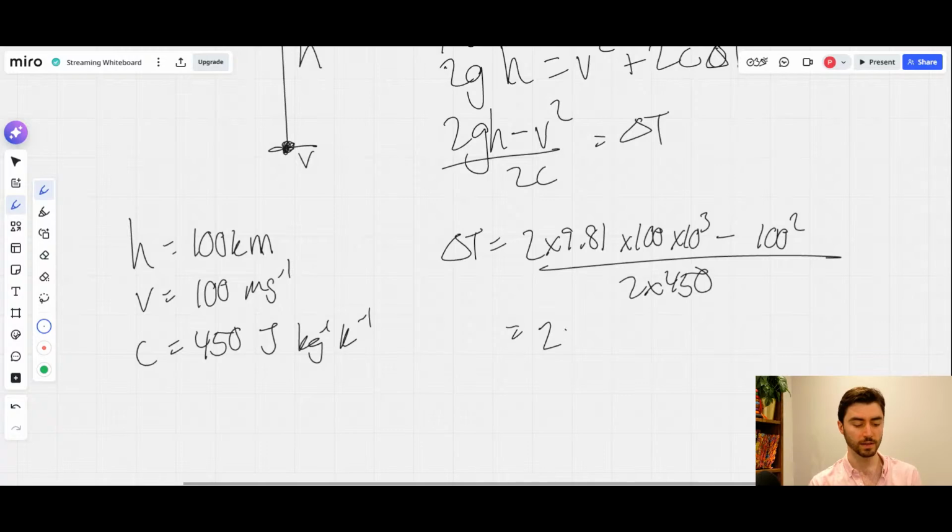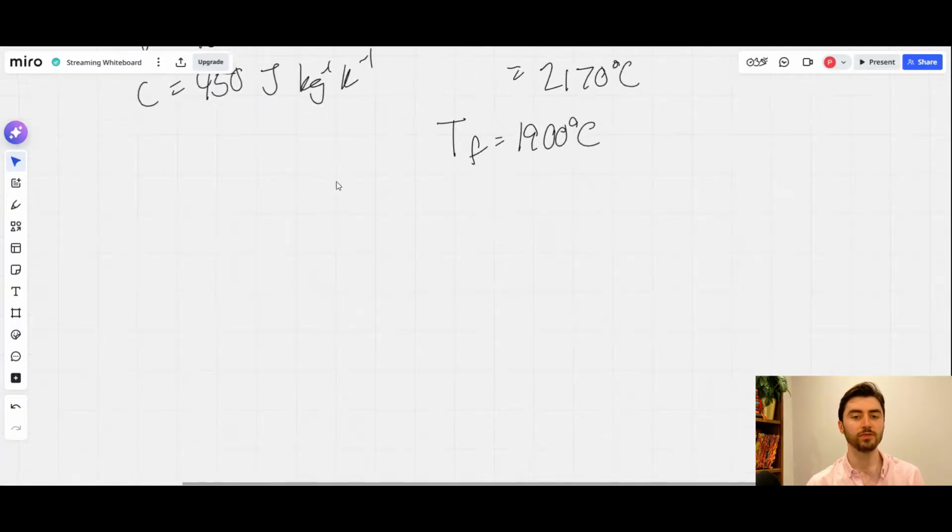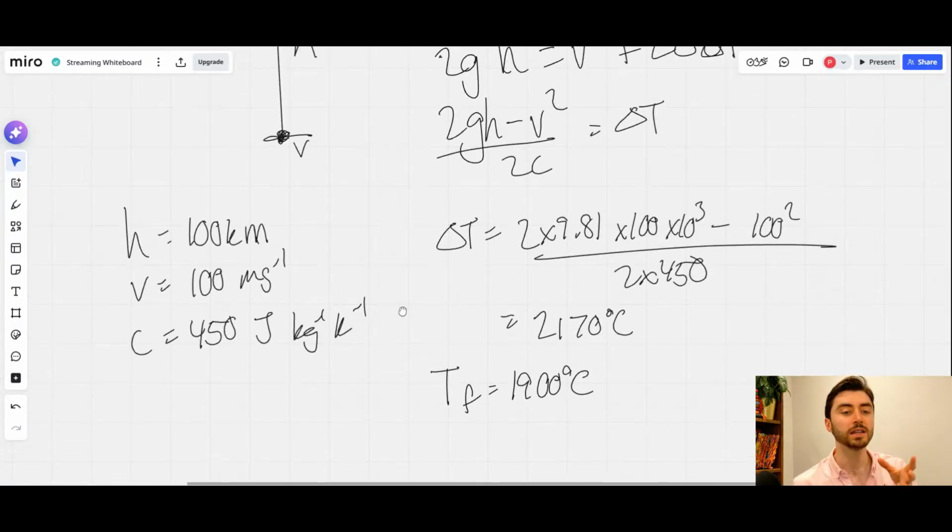By my numbers, it would be 2170 degrees C. And if it started at something like minus 265, which is very close to absolute zero in deep space, that would give you a final temperature of basically 1900 degrees C. That is unlikely to be realistic because this neglects the energy lost to the air, as we said before.